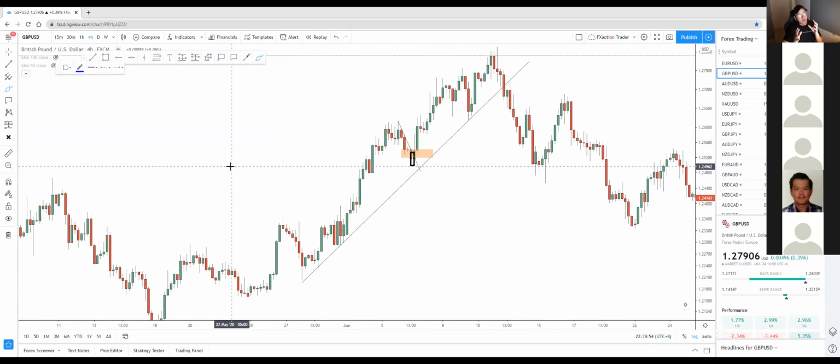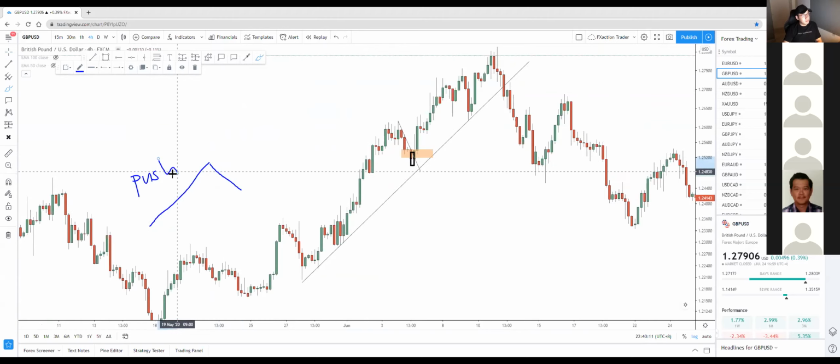What I mean is that there is always a trending phase and a pullback phase or retracement phase, or I will just call this the push phase, and this is the exhaustion phase or pullback phase, and this is on H4.